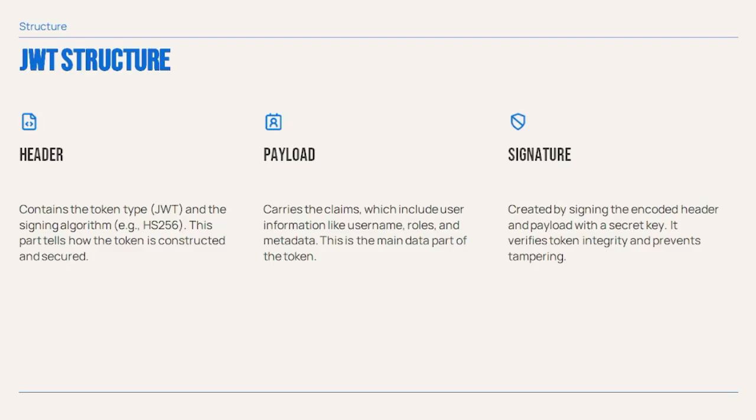You can also have other user information and customize it. Signature: whenever you send the JWT token, it has a signature, and it is validated against the JWKS, that is, JSON Web Key Set.